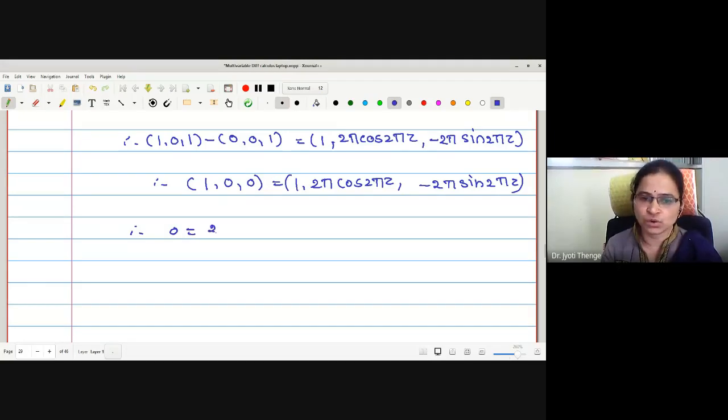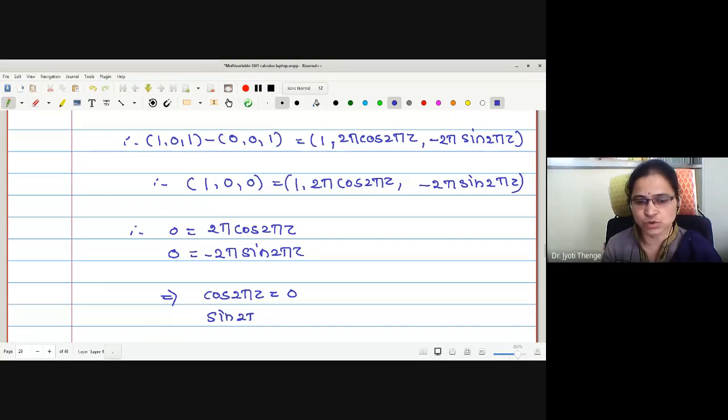Second coordinate is 0 equals 2 pi cos 2 pi z, and third is 0 equals minus 2 pi sin 2 pi z, which in turn gives us, shifting 2 pi to the left, cos 2 pi z equals 0 and sin 2 pi z equals 0.